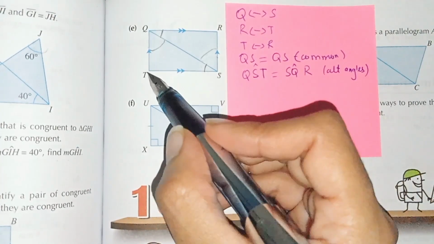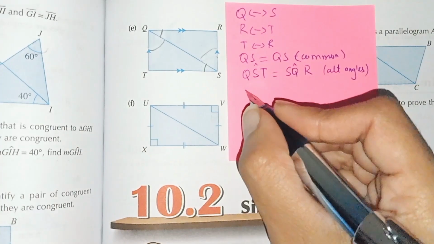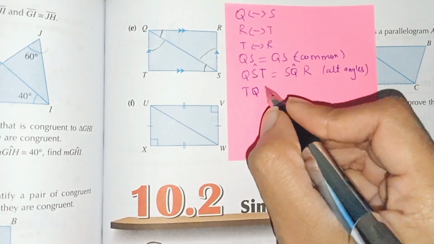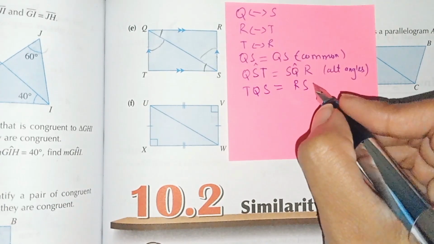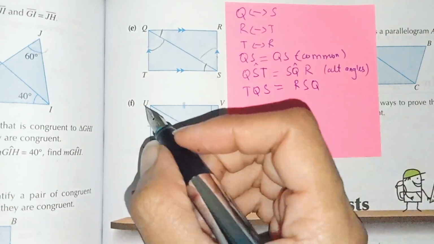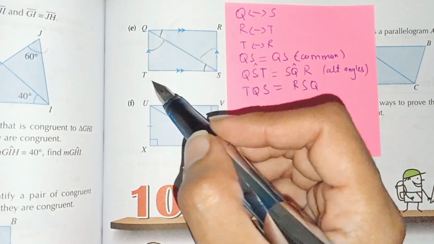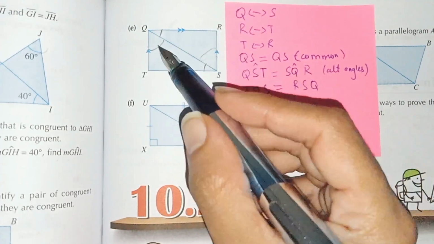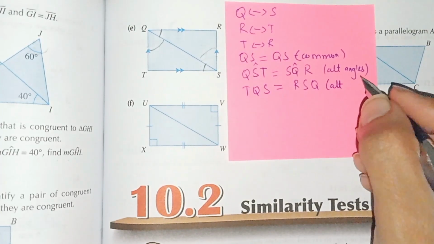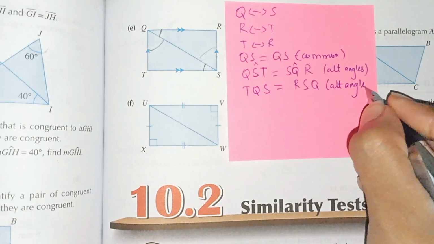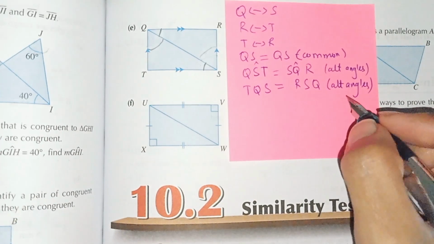Now we can see that the angle TQS is equal to RSQ. And if you visualize, when you place the triangle QTS on the triangle QRS, these angles are equal to each other. They come on each other. This is also the alternate angle, and these are equal to each other.